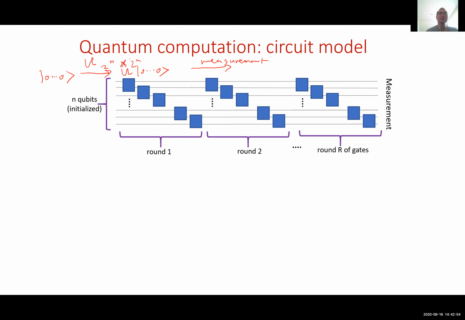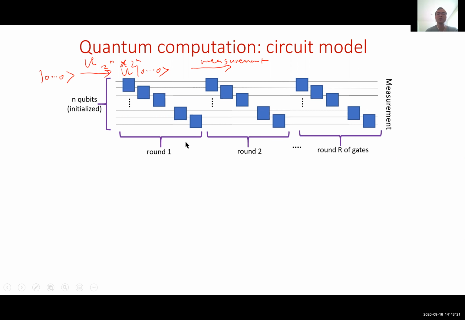This is a very big matrix, and a mathematical result is that you can decompose this really big unitary matrix into smaller building blocks. I indicated that the building blocks are 2 qubits together, so like 2 qubit gates.